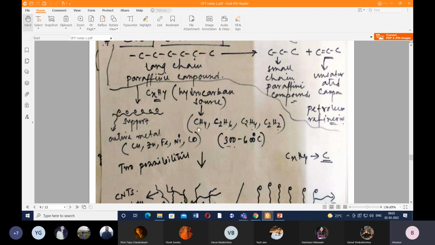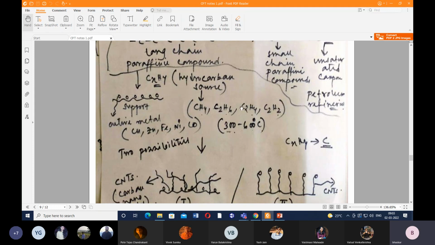It could be methane, CH4, or ethane, C2H6, or C2H4, which is ethylene, or C2H2, which is acetylene. We can use propane and propylene also, but here I have just shown some examples. One is methane, another is ethane C2H6. Propane we can also use as a hydrocarbon source. Ethylene is C2H4, acetylene C2H2.